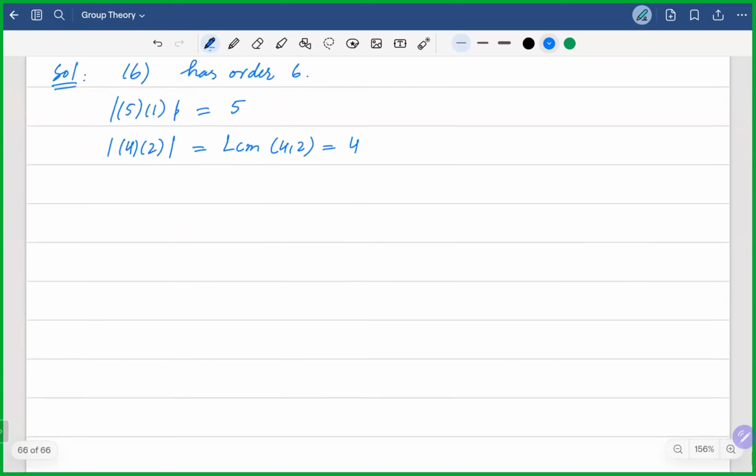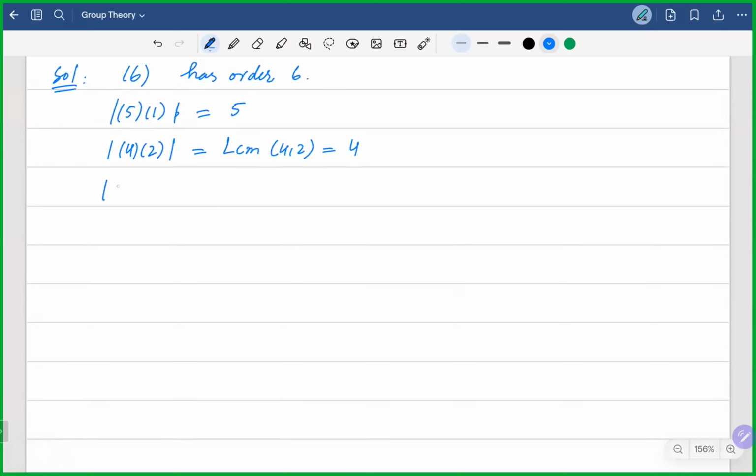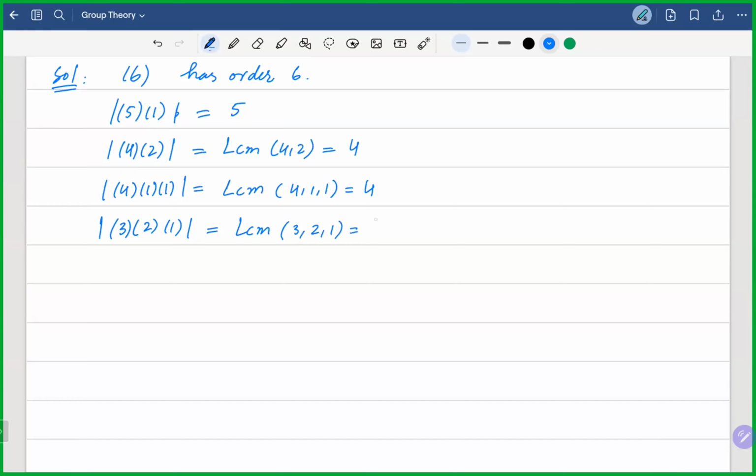And then I can write 4 1 1. That is LCM of 4, 1, 1, which is going to be 4. Then I can write 3 2 1, and if you follow the same procedure, 3 2 1 has LCM 6.